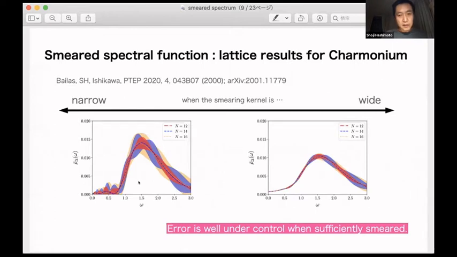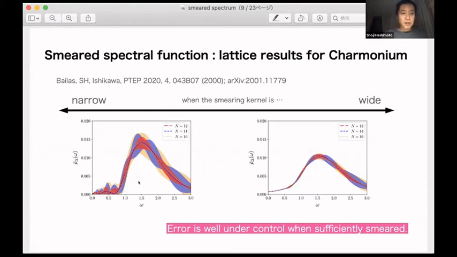Here is an example using the charmonium spectrum, and on the right I specified a certain width of the smearing, and then we obtained the smeared spectrum to be almost independent of the polynomial orders. So we are confident about the error of this computation.